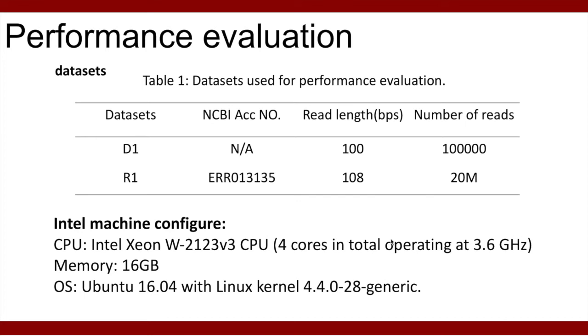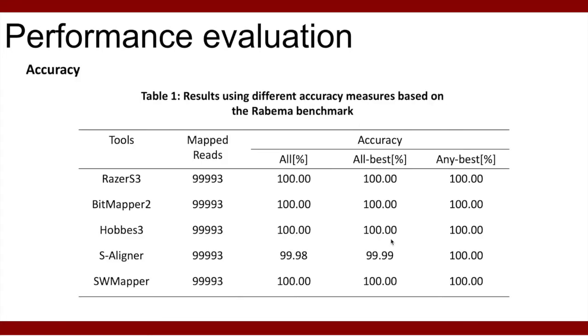An entire machine is used for Razers3, Bitmapper2, and Hobbes3. In order to evaluate the accuracy of the mappers, we rely on the Rabema benchmark method. Table 2 shows the number of mapped reads and accuracy for Razers3, Bitmapper2, Hobbes3, SNAP, and SWMapper for dataset D1 with an error threshold of 4.